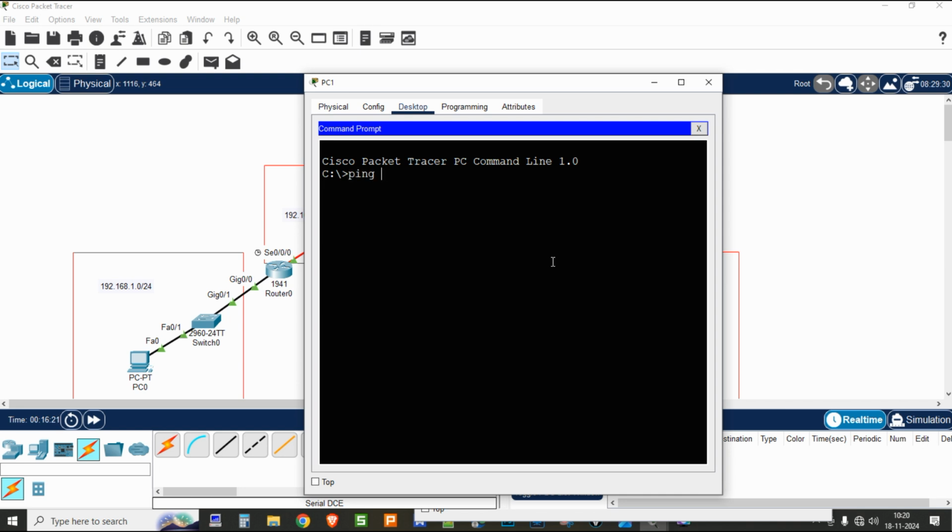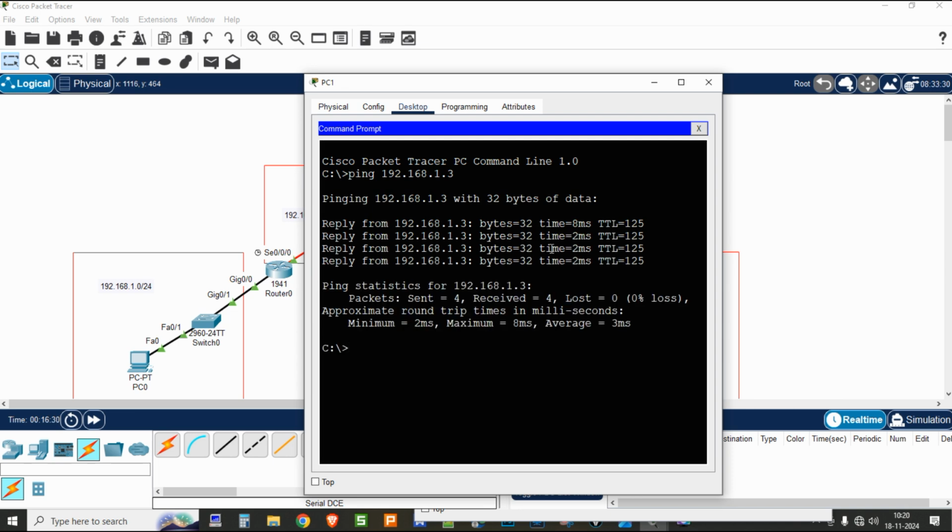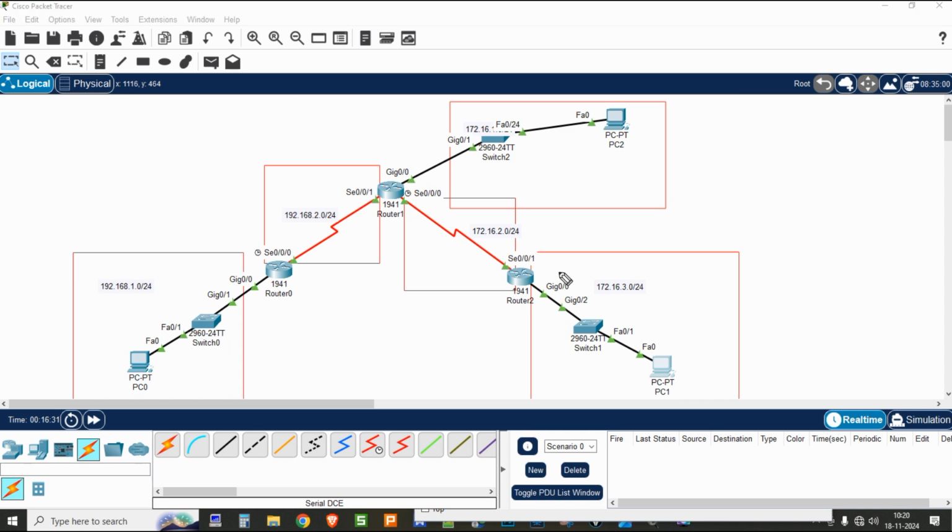Ping 192.160.1.3. This is the default static route. So I can configure the default static route for this router. Default static route. Here I configure the standard static route.